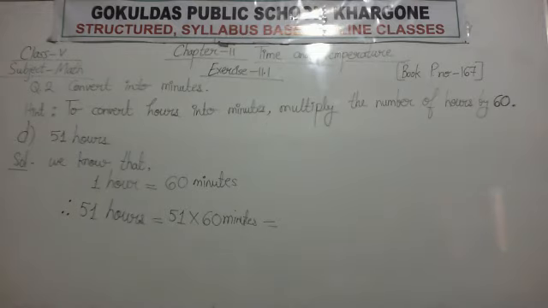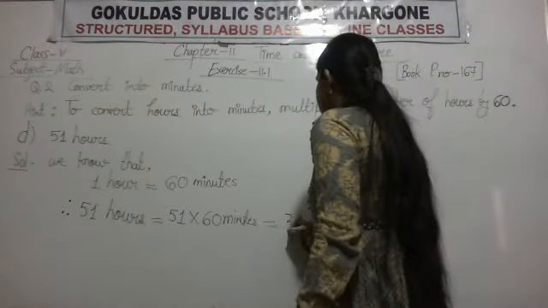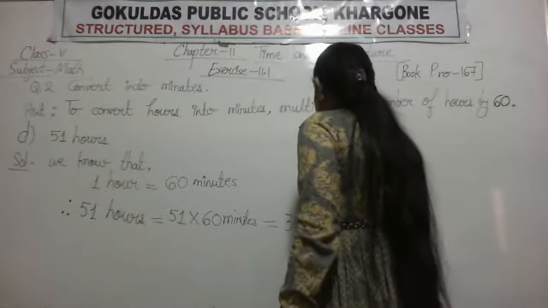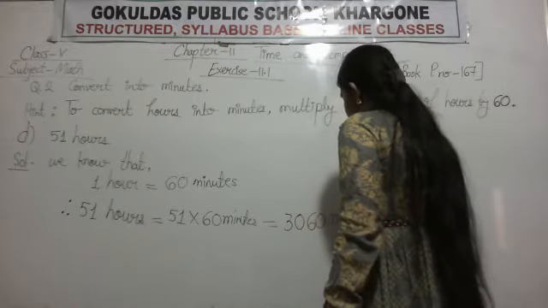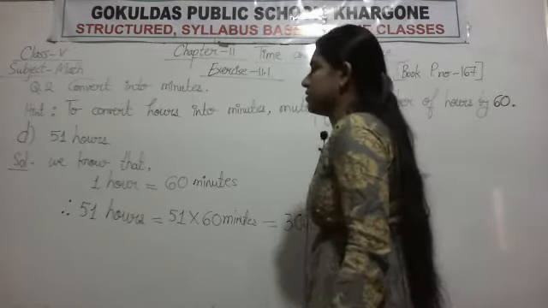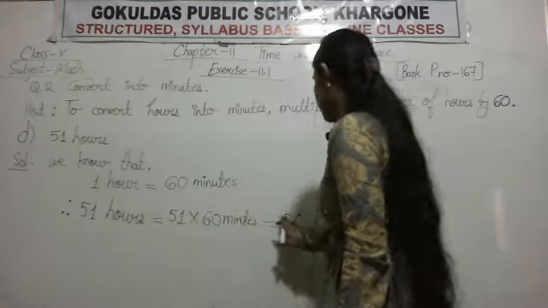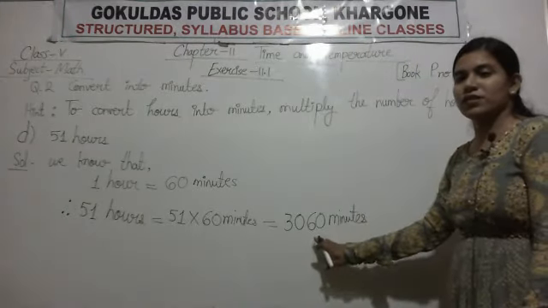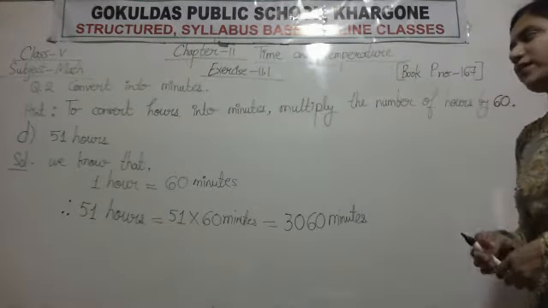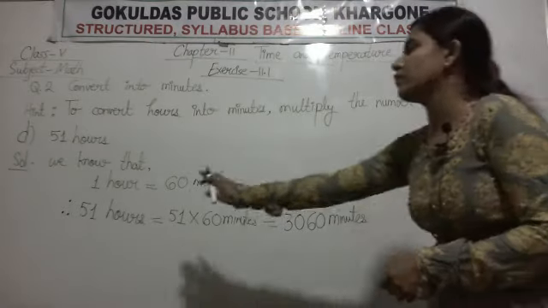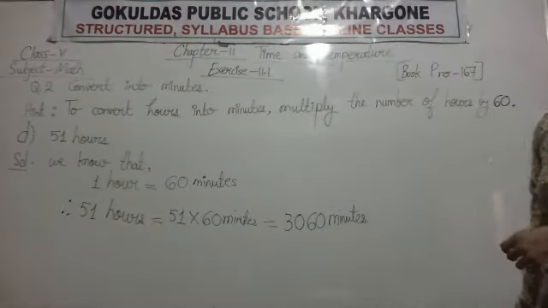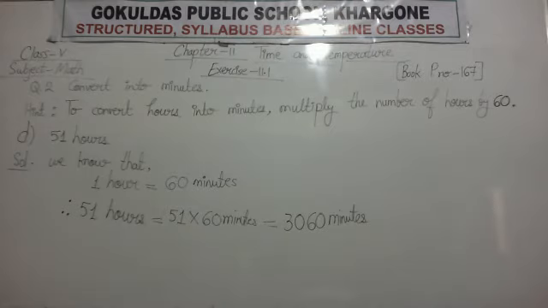So when we arrange 51 and 60 and multiply them, my result is 3060 minutes. So 51 hours will be equals to 3060 minutes. Take the screenshot of the solution.